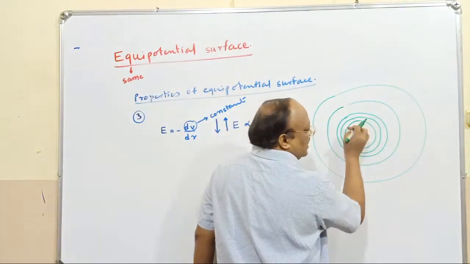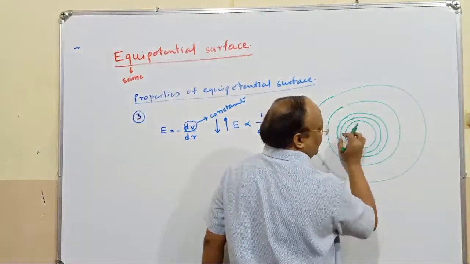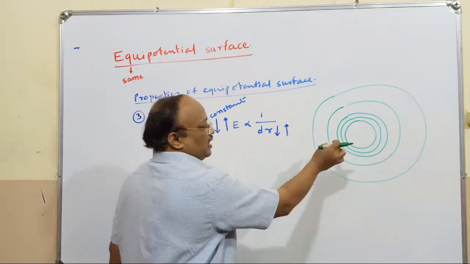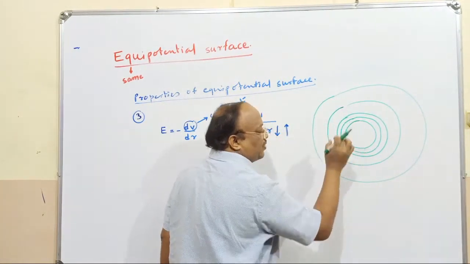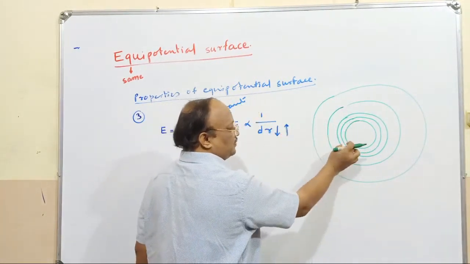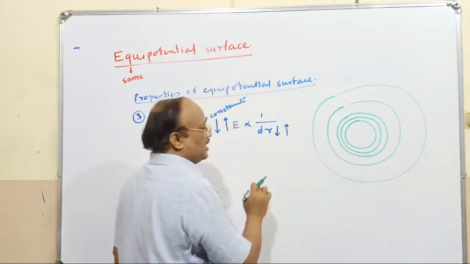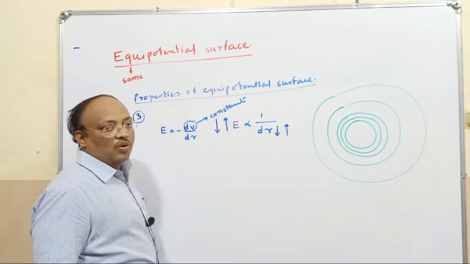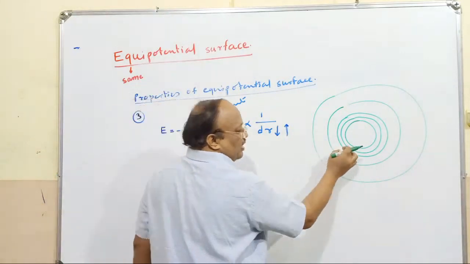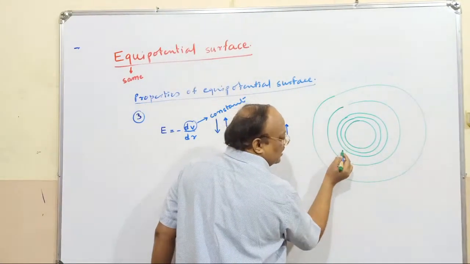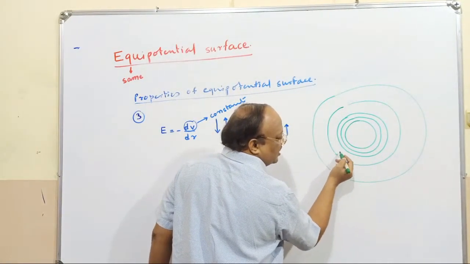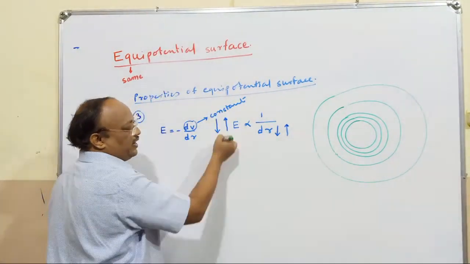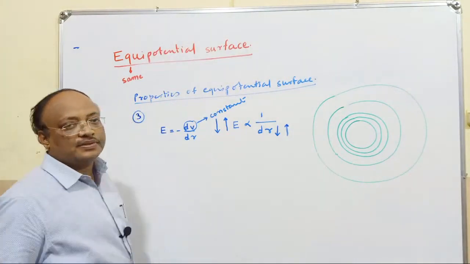Where there are dense equipotential surfaces, where the separation between the equipotential surfaces is less, at that point the electric field is more. If the separation increases, the electric field decreases.